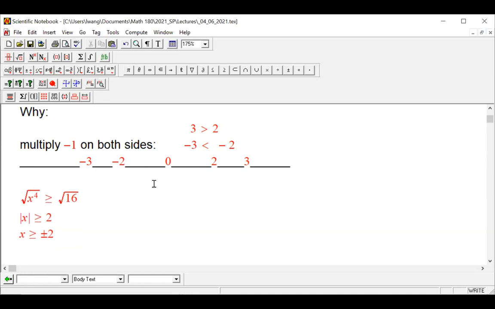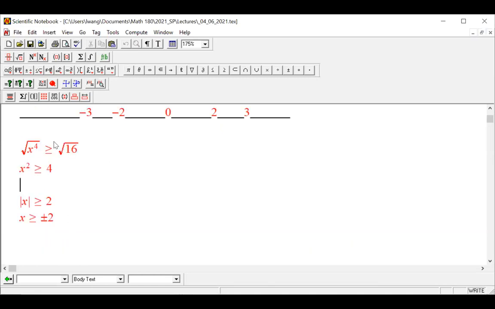Okay, this piece, if he has taken the square root, he should get x squared greater than or equals to 4. And the next step, he will have to take another square root.